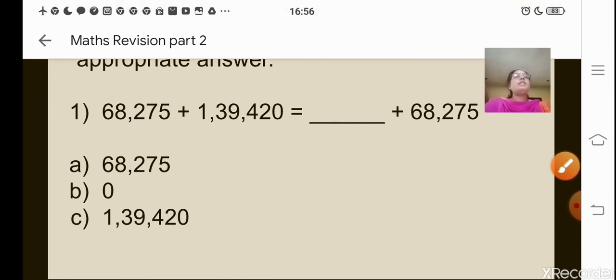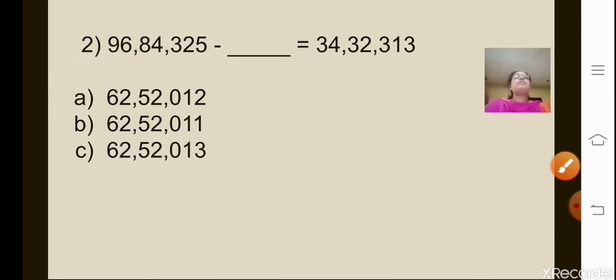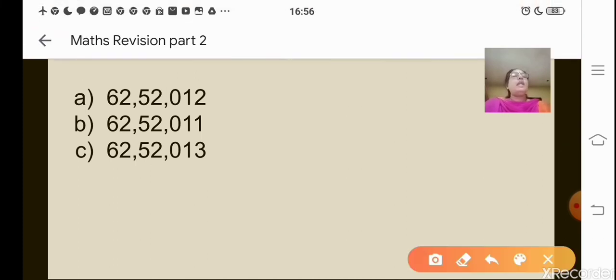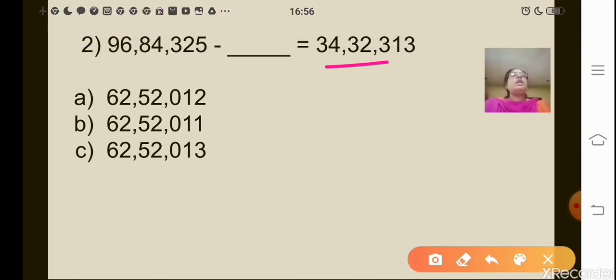Now coming to the second sum. Now here your question is 96,84,325. This is your minuend, that is the first number. Now which number, if you subtract from the first number, you will get the answer as 34,32,313. So what you have to do is solve the sum in your rough book. When you solve it, I will just solve it here and show you.